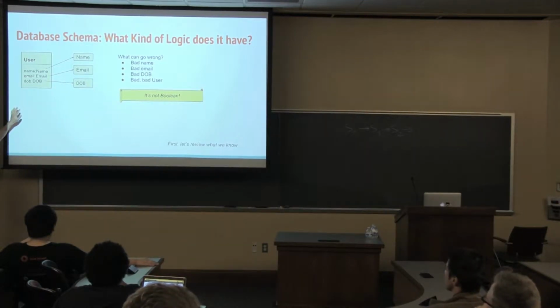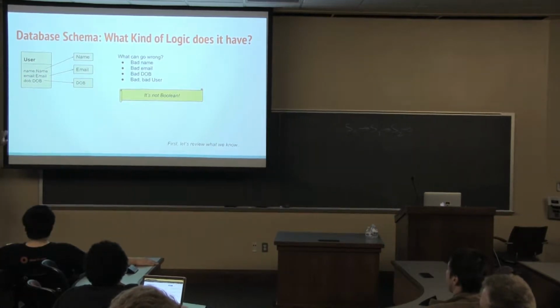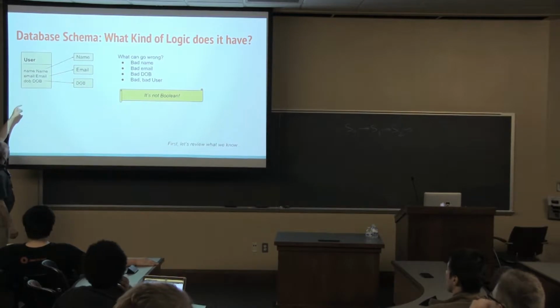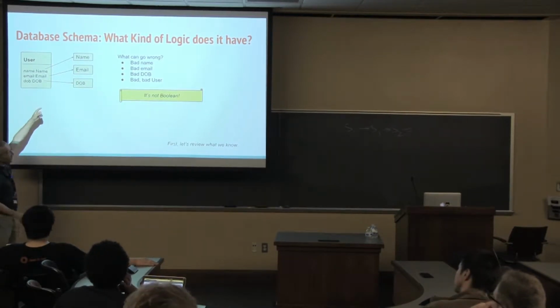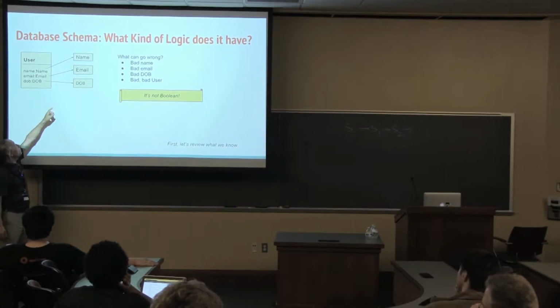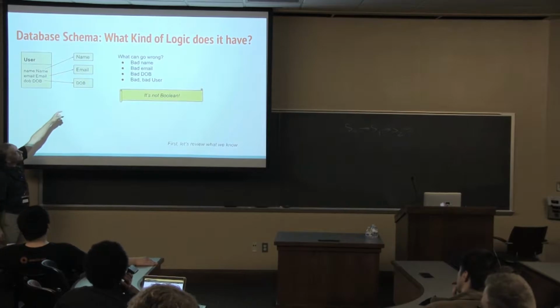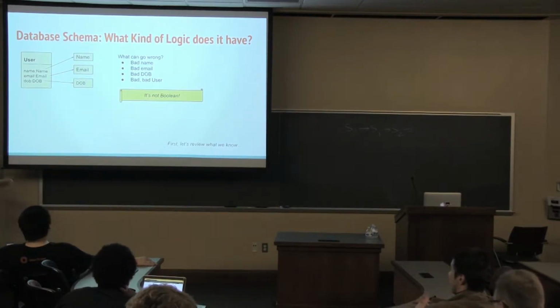We have a type user, well, it doesn't have to be in a database, it can be part of your code, right? A type user, and 3 projections, 3 arrows. Name gives us a value of type name, email gives us a value of type email, and date of birth gives us a value of type DOB.